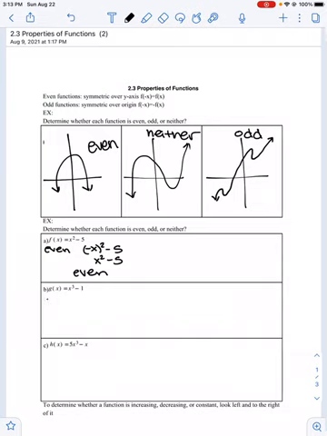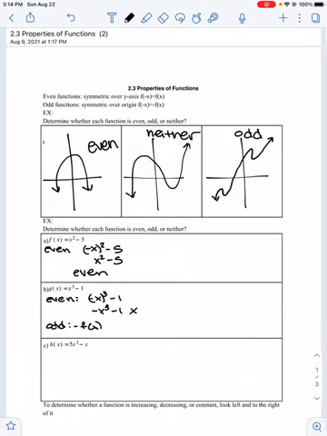And then let's look at b. We're going to test if it's even. So negative x cubed minus 1. That's negative x cubed minus 1. So that's not even. Then I'm going to check if it's odd. And I'm going to do negative f of x, which equals negative y.